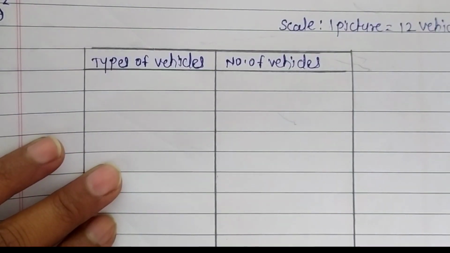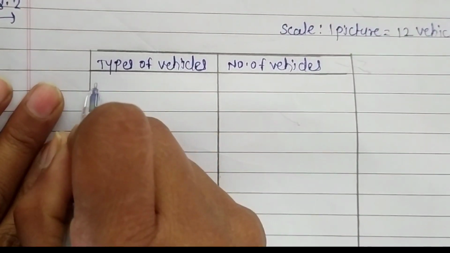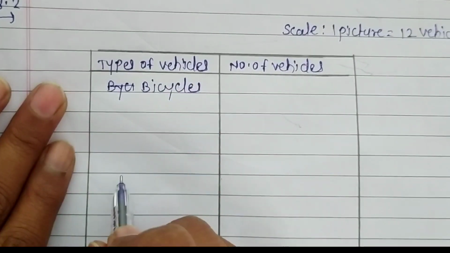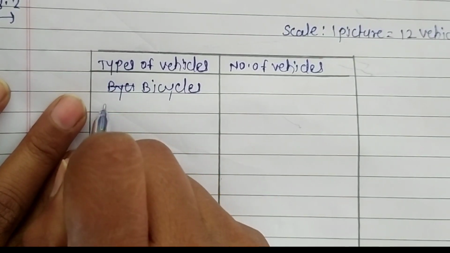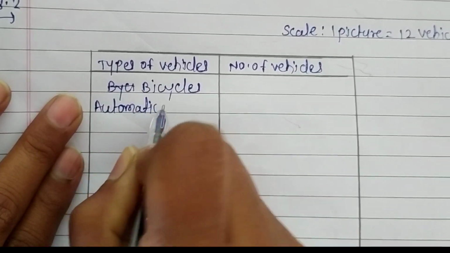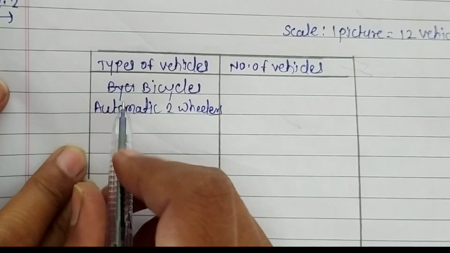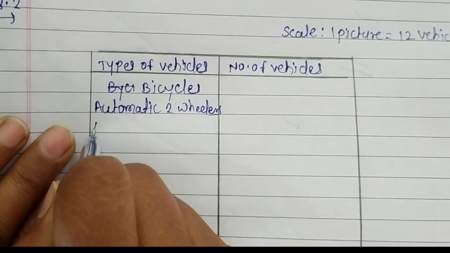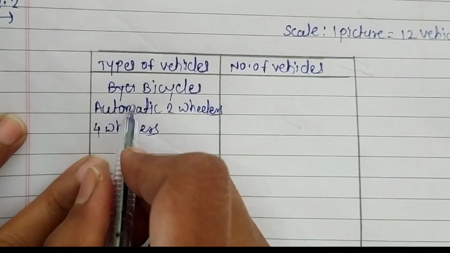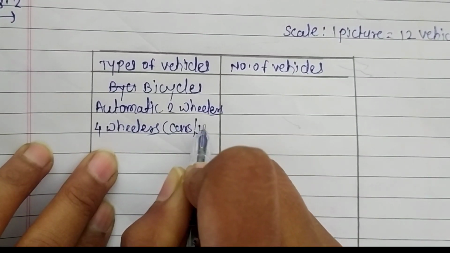Now let's write the types of vehicles here. Types are bicycles, then automatic two-wheelers, then four-wheelers, car or jeeps.